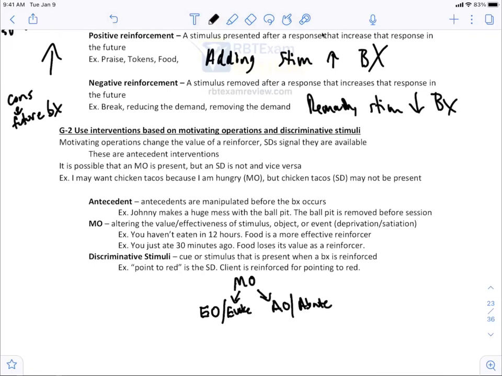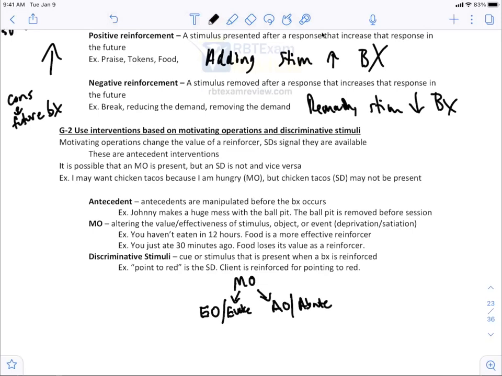If we have a motivating operation, it establishes a reinforcer, all right? That's going to evoke the behavior typically. If we have a motivating operation that abolishes a reinforcer, that's going to typically abate a behavior. And that's very important to know on the exam, right?